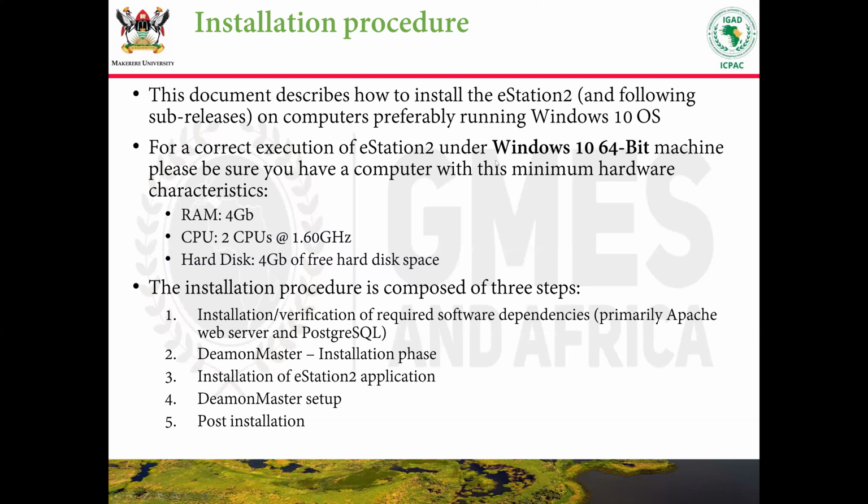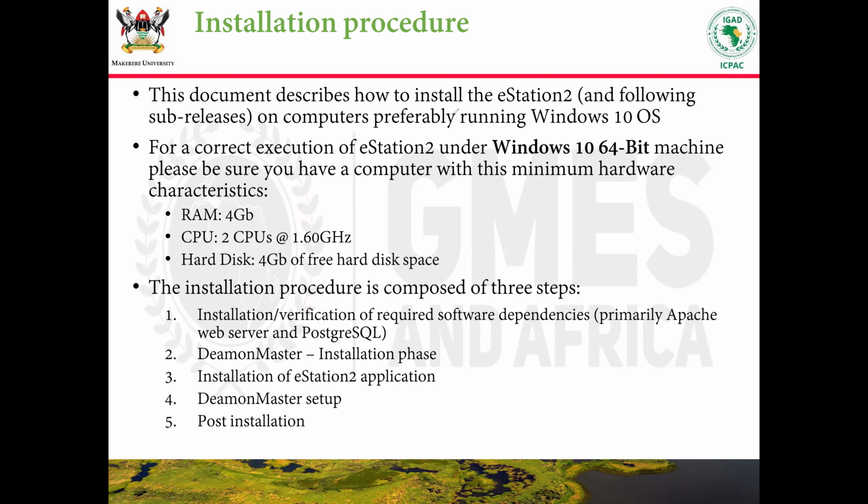So you need to ensure that you have Windows 10 or Windows 11 or Windows 7. What is very important is the bit. It has to be either a 64-bit or a 32-bit computer. Okay. Now, in terms of the RAM, the minimum that the software can work with smoothly.